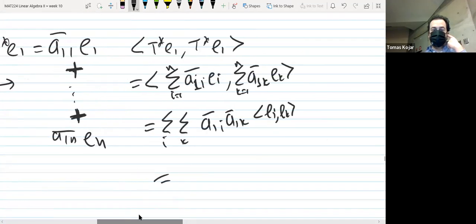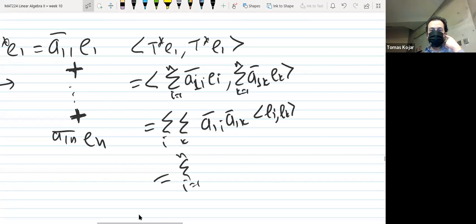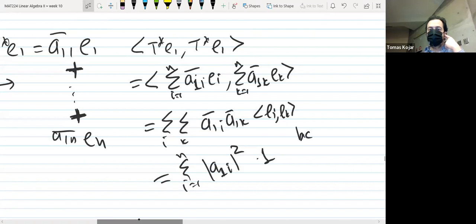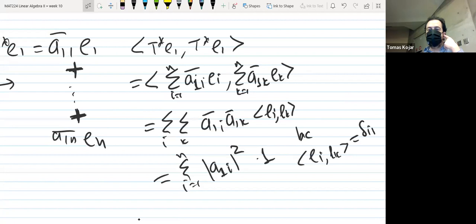And the only ones that survive are the diagonal terms. So you get this squared times 1, because EI EK is equal to delta IK, which means 1 when I is K and 0 when I is not K.